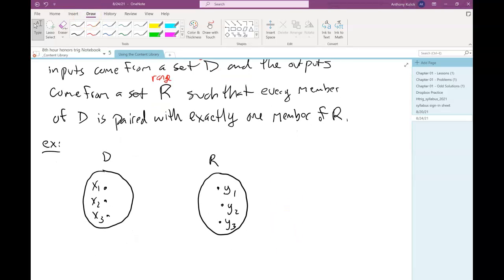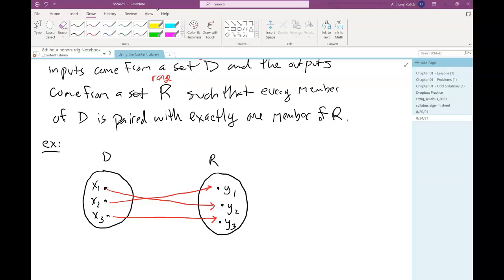So then what we do is we draw some arrows to indicate how the pairs are paired. So we have something like this, where x1 is paired with y2 and x2 is paired with y1 and x3 is paired with y3.